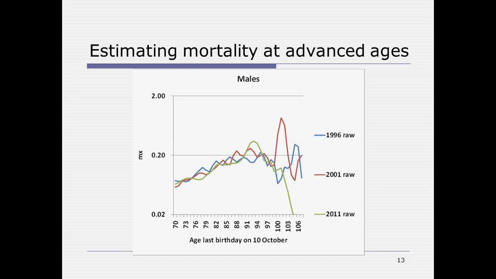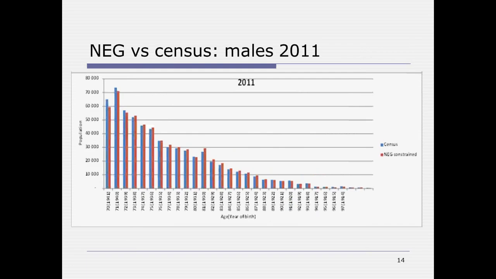You find it in developed countries as well, where the mortality doesn't rise as fast as one thinks it should at the older ages. There's often a leveling off. But it is quite extreme, and it's, of course, largely due to age exaggeration in the census exposure data. But there are also other data problems that are apparent.